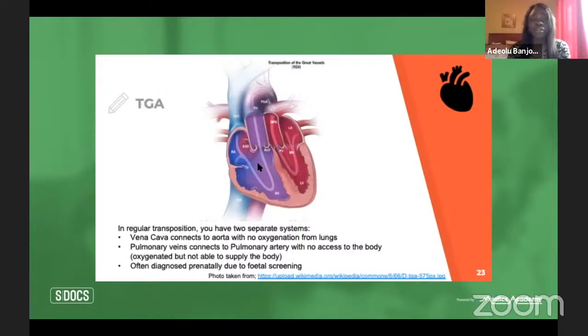That causes deoxygenated blood to flow to the entire body. Then your pulmonary veins connect to your pulmonary artery with no access to your body. So your blood is being oxygenated, but that's not connecting to your body, and the blood that is going to your body is not getting any oxygen. This is often diagnosed prenatally due to fetal screening, so that you're able to intervene as soon as the baby is born.